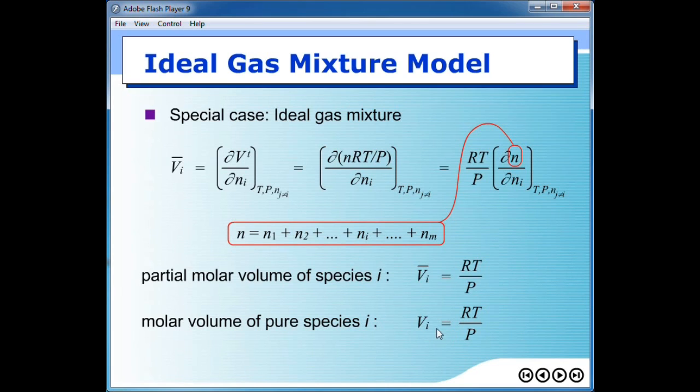According to the ideal gas law, it would be RT over P. So you can see that these two equations are essentially the same, in the sense that the molar volume of species i as a pure species is equal to the partial molar volume of species i when it exists in a mixture.